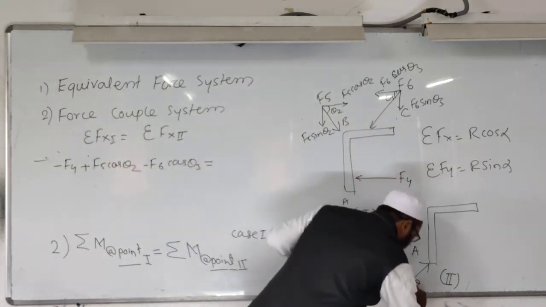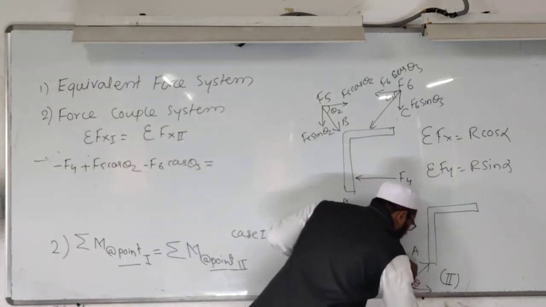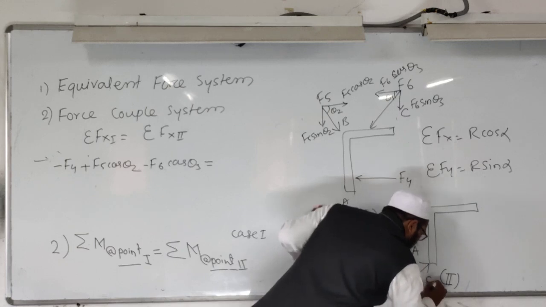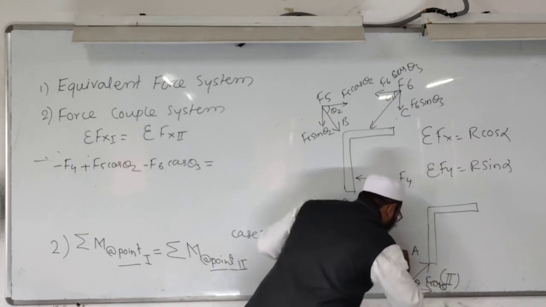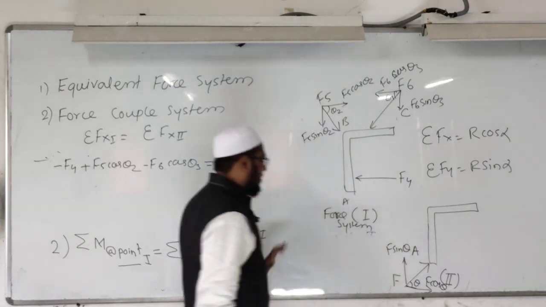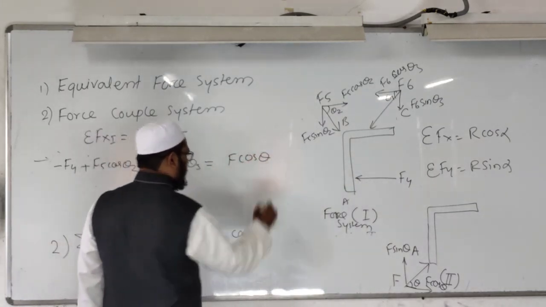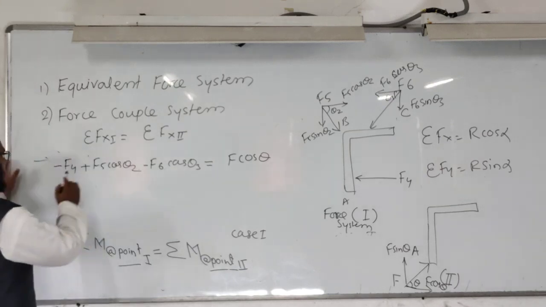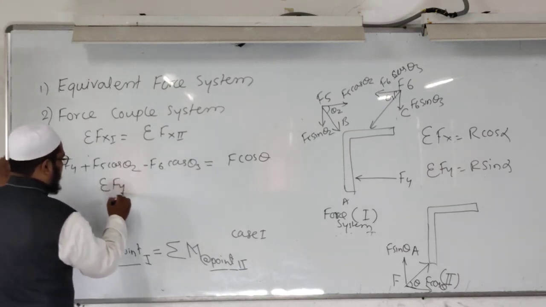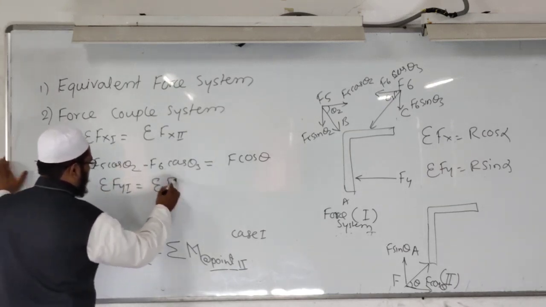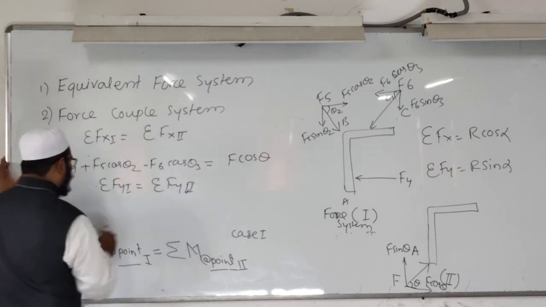This is the Fx of the second force system. I will divide it into two components, F cos theta and F sin theta. Therefore, it is F cos theta. Similarly, for the second condition, summation of Fy of first is equal to summation of Fy of second.